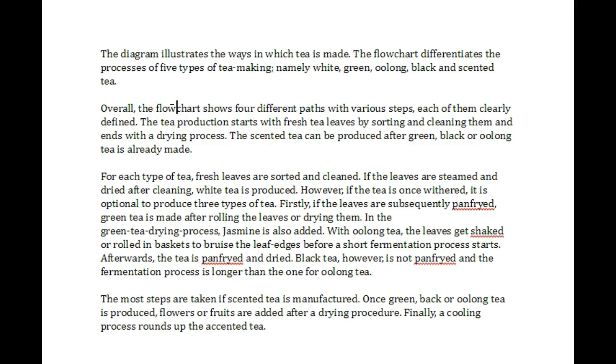Once again, overall the flowchart shows 4 different paths with various steps, each of them clearly defined. This might be a bit too much, but I mean it's correct, but we might be over-describing.